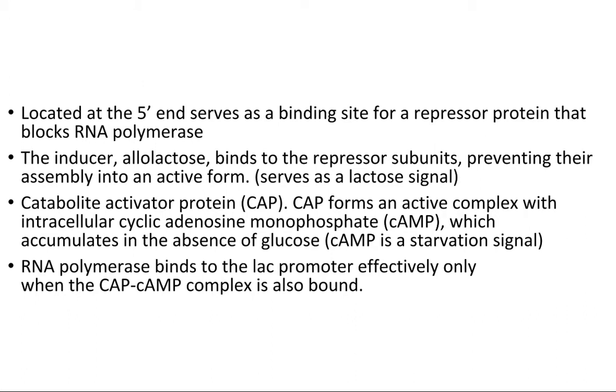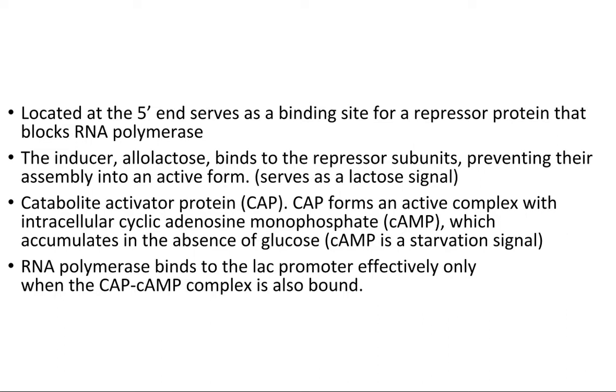So this is some gist that I want to emphasize because these are the key components of regulation as a whole. The repressor protein is produced continuously by the I gene, which is not under regulatory control. The repressor itself is formed from subunits that self-assemble to form the active tetramer.